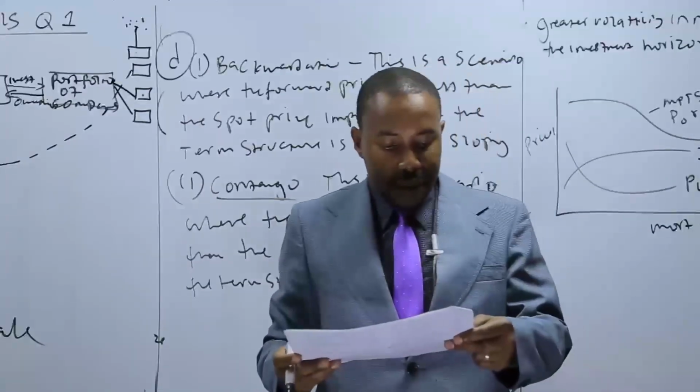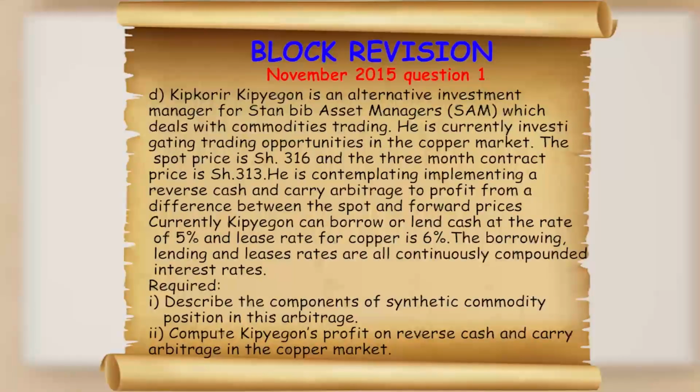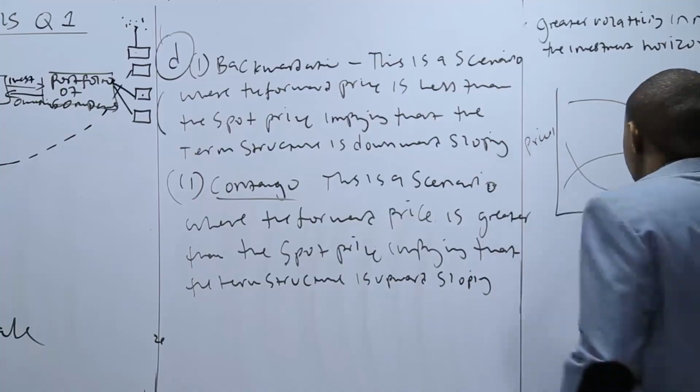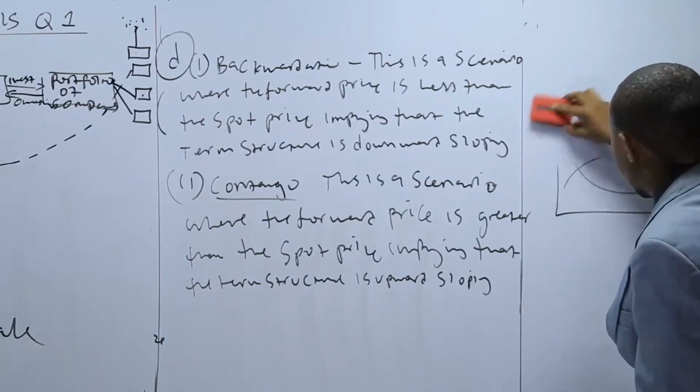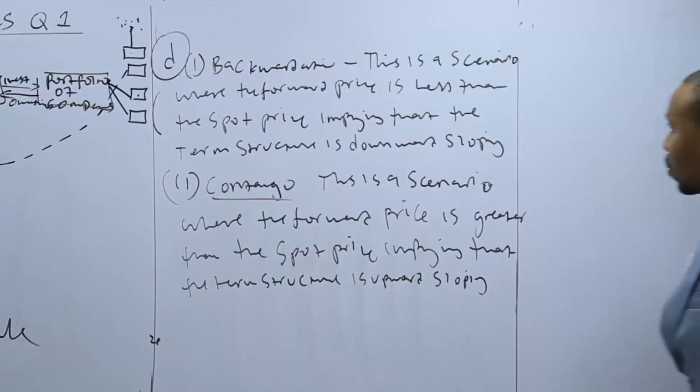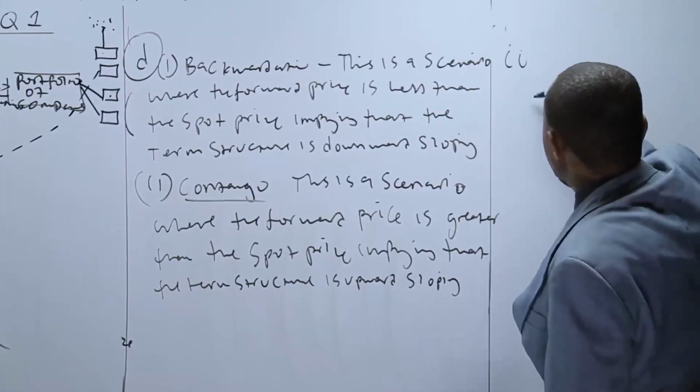Part 2 is asking compute Kipyegon's profit on a reverse cash and carry arbitrage in the copper market. Now, reverse cash and carry arbitrage uses the following formula. So this is D part 2.